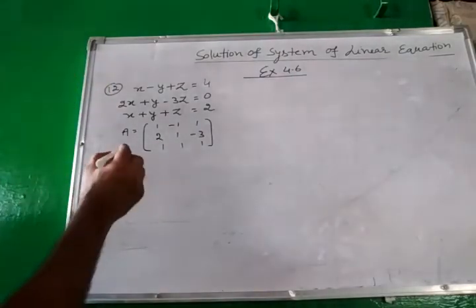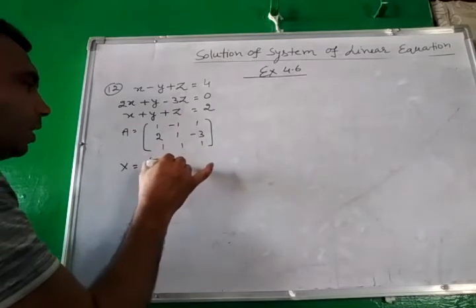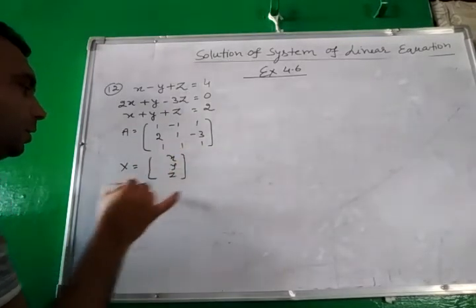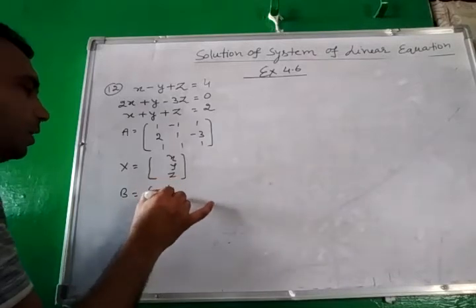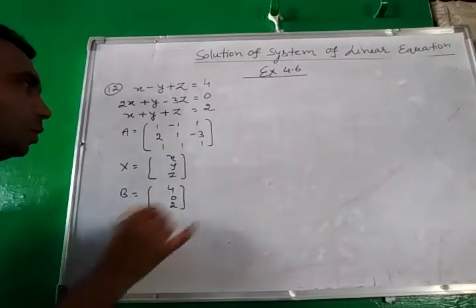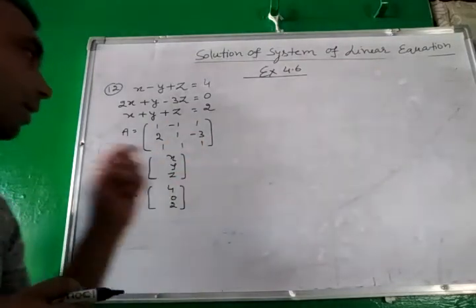Matrix X is the matrix of variables x, y and z, and matrix B, the matrix of right hand side, is 4, 0, 2. These two matrices have to be written in the form of column matrix.